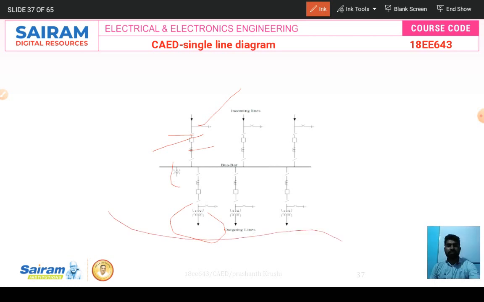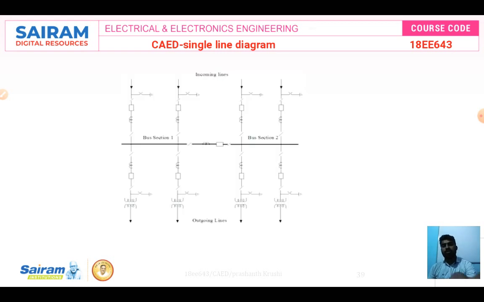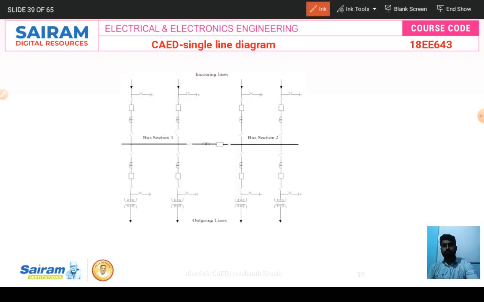These are the outgoing and these are the incoming lines. Next, single bus bar with sectionalization. So like this, single bus bar with section. So 4 incoming lines, 4 outgoing lines. This is one diagram for incoming and outgoing.